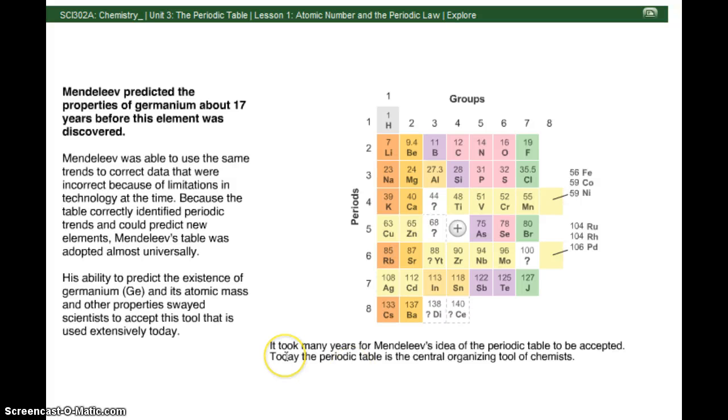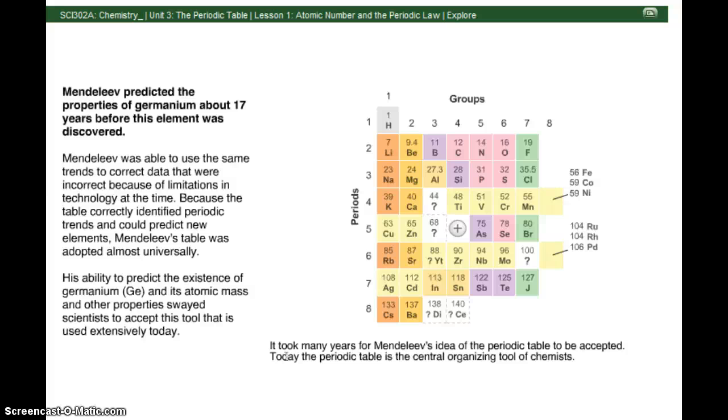Mendeleev predicted the properties of germanium about 17 years before this element was discovered. Mendeleev was able to use the same trends to correct data that were incorrect because of the limitations of technology at the time. Because the table correctly identified periodic trends and could predict new elements, Mendeleev's table was adopted almost universally.